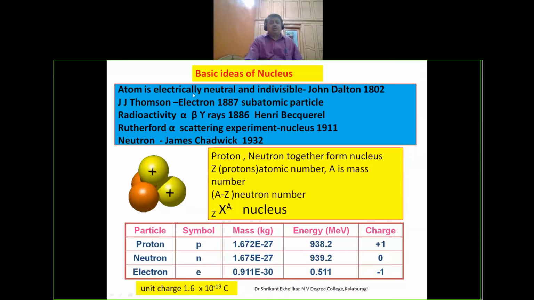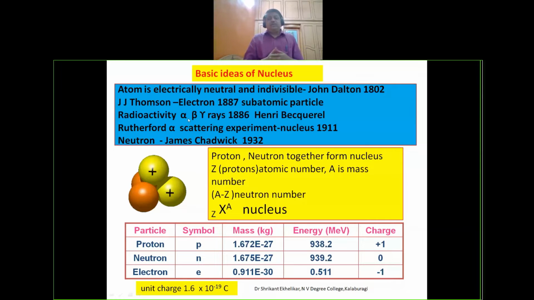This electron was discovered by Sir J.J. Thomson in 1887. That is called a subatomic particle inside the atom. Till Dalton in 1802, we knew that atom cannot be divided. In 1887, for the first time, the atom was looked inside by Thomson, who said that the first subatomic particle is the electron. The rest you know about the electron: it is negatively charged, 1.6 into 10 raised to minus 19 coulomb. But the first subatomic particle is the electron.